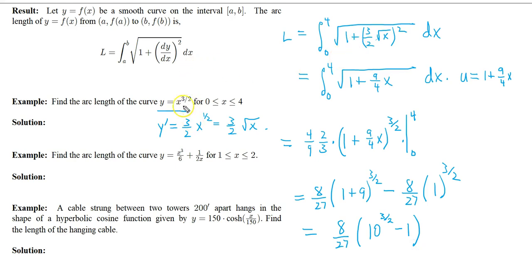So the arc length of this curve for x between 0 and 4 is 8 over 27 times 10 to the 3/2 power minus 1. Note 1 to the 3/2 is just 1, and you could evaluate this on your calculator, of course. It comes out to be approximately 9.0734. And so that is the arc length of this curve as x varies from 0 to 4.